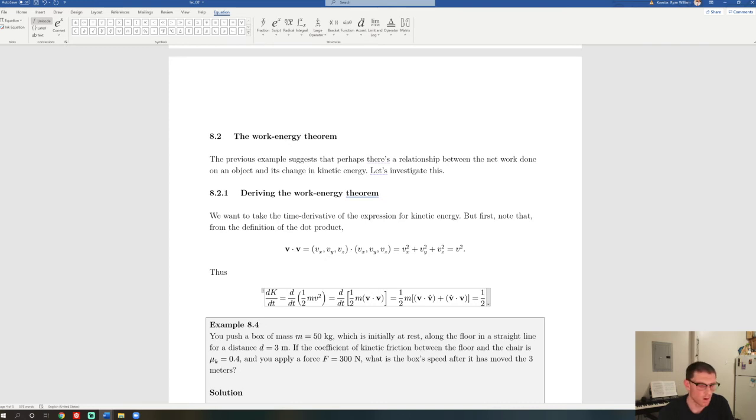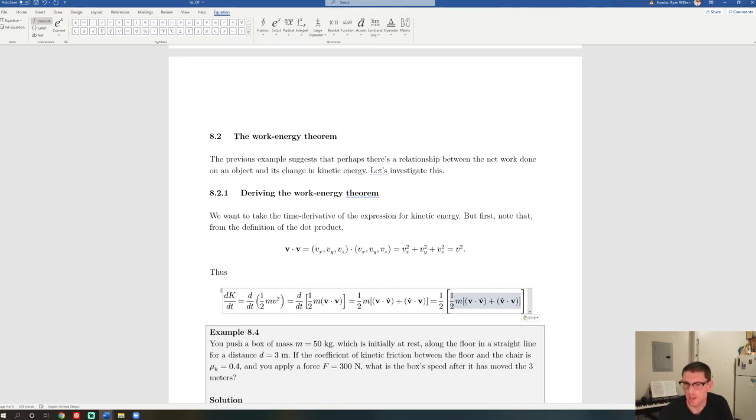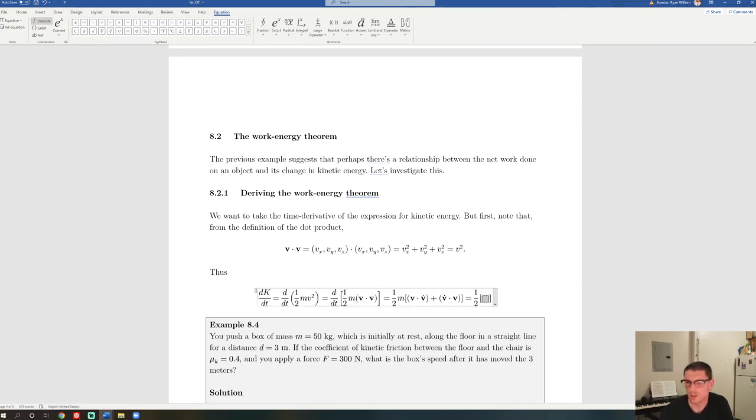And so what we find is that this just works out to be 1/2 m times 2 v dot v.